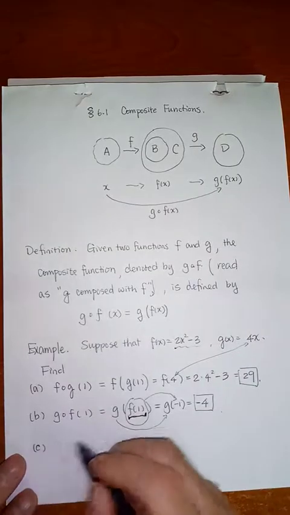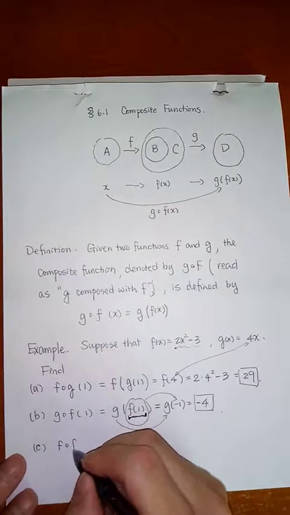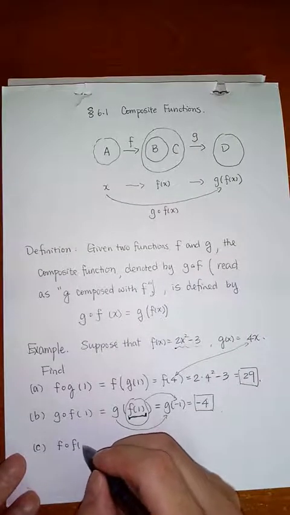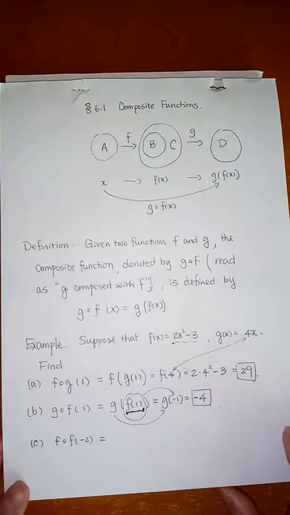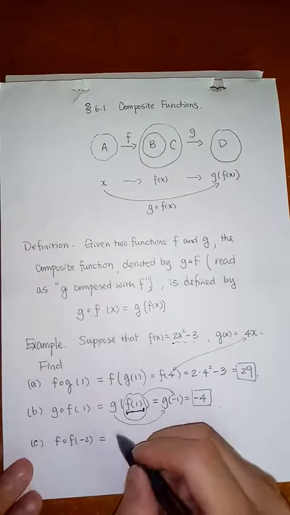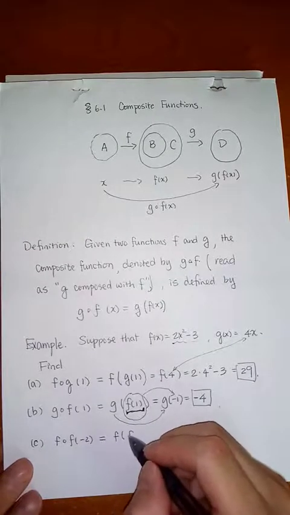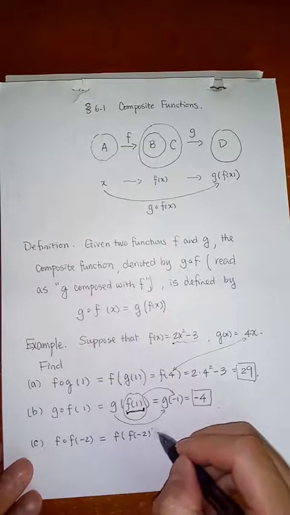C, let's see, f composed with f at negative 2. Okay, f composed with f, so it's f of f of negative 2.